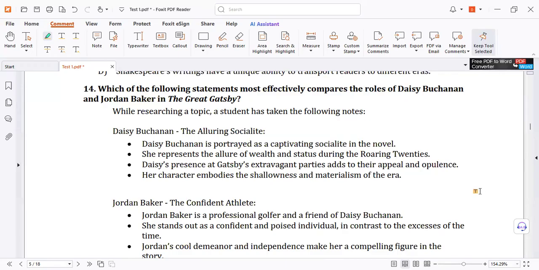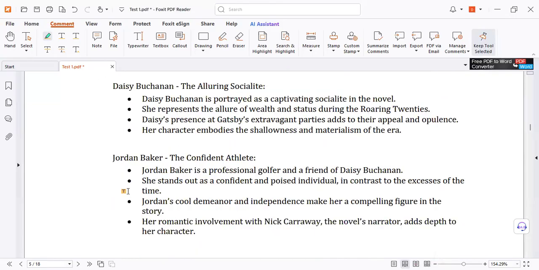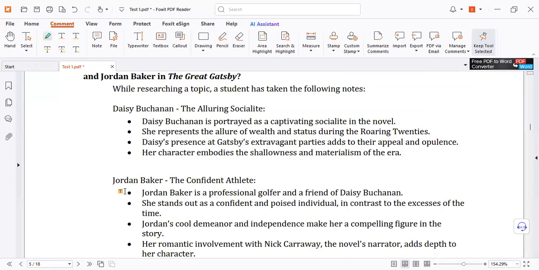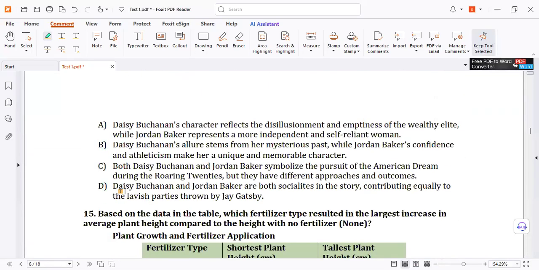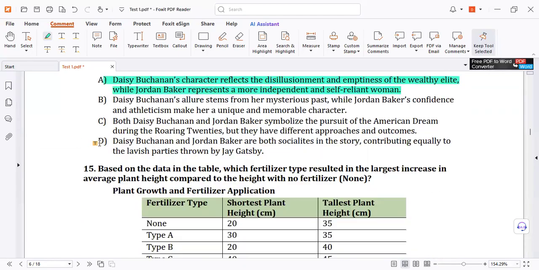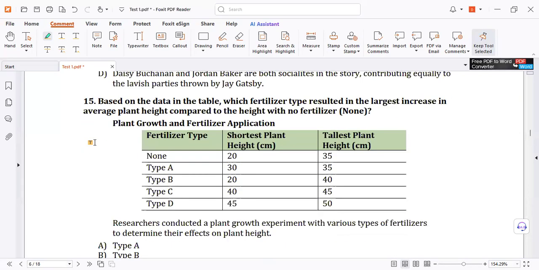Raise your voice. What did you say? You said letter A, accepted. Letter A? Oh yes, letter A.